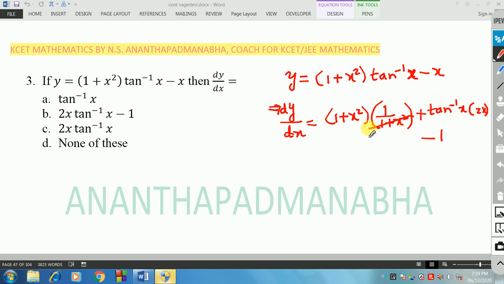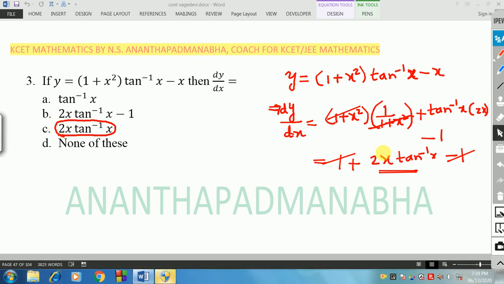Here 1 plus x square gets cancelled and we get 1 plus 2x into tan inverse of x minus 1. So 1 is eliminated and we get 2x tan inverse x, which is in option C here.